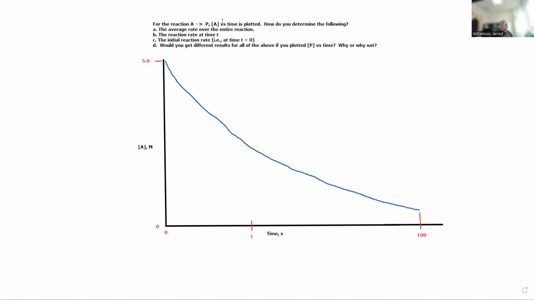Over the entire reaction, you would calculate that the rate would be equal to minus delta A over delta T for the entire reaction.